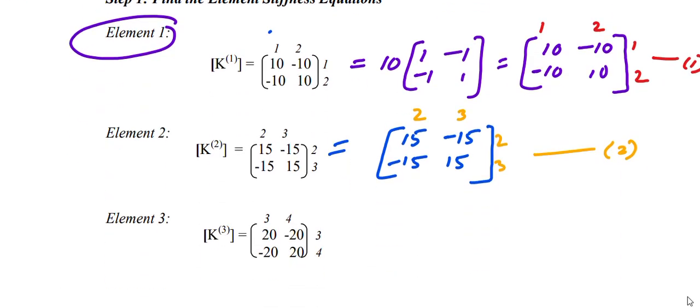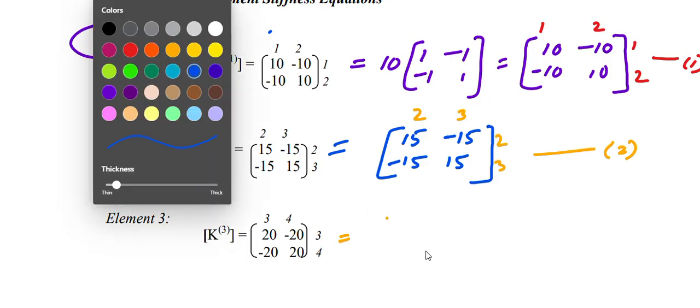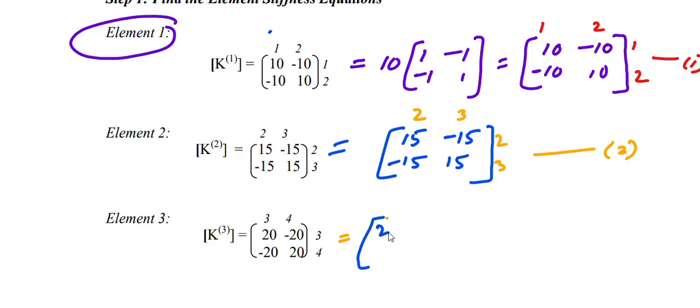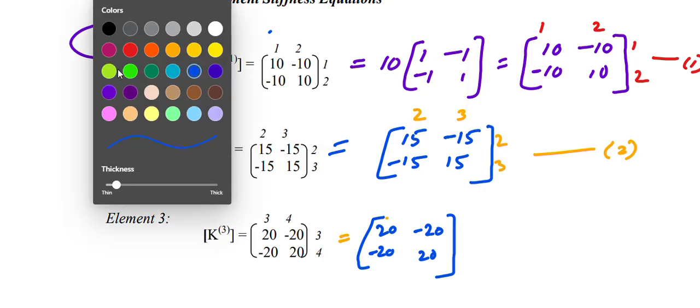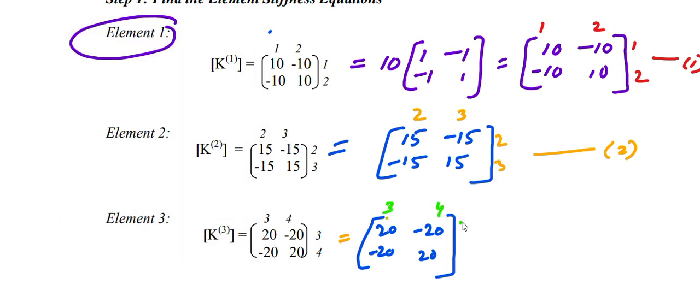Now for element 3 the stiffness value is 20, so again the matrix will be 20, -20, -20, 20. The deformation here is 3 to 4. This is very important to write, the deformation or displacement, as you can see.